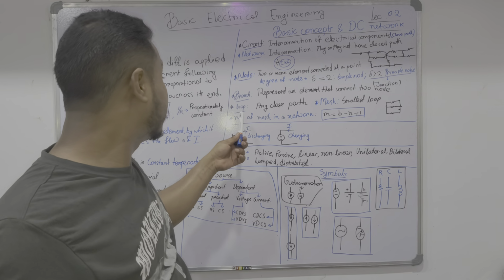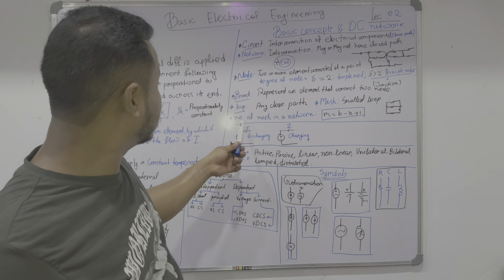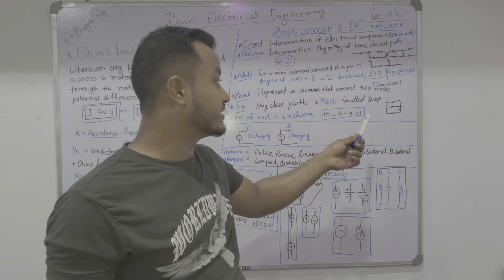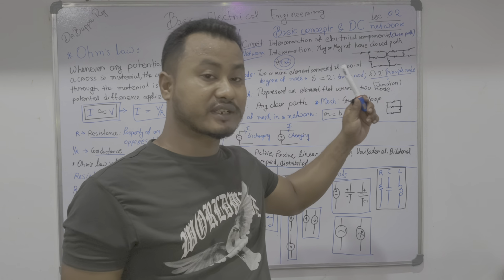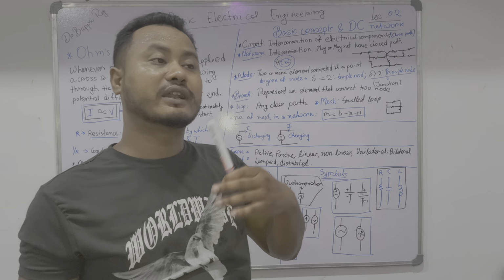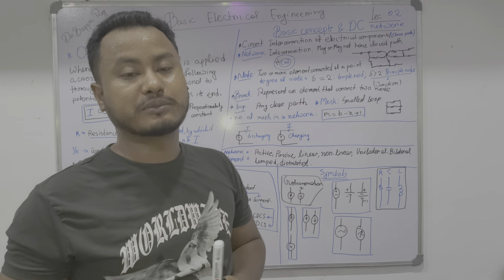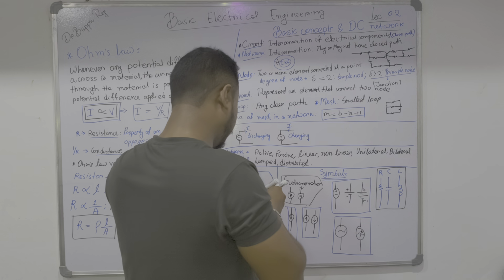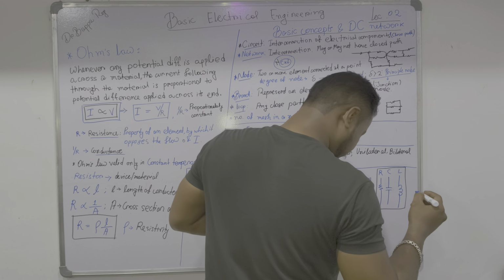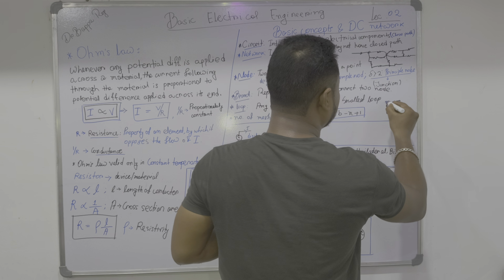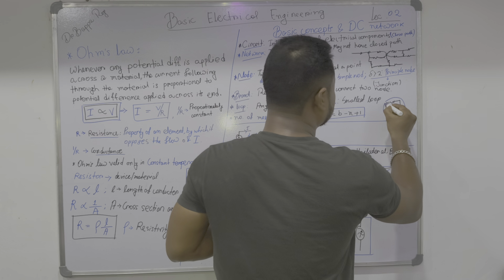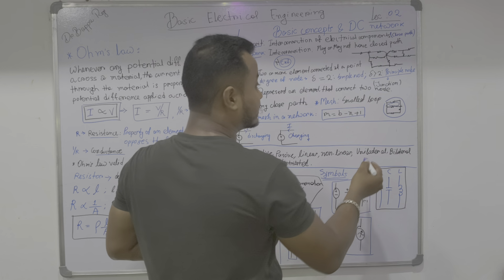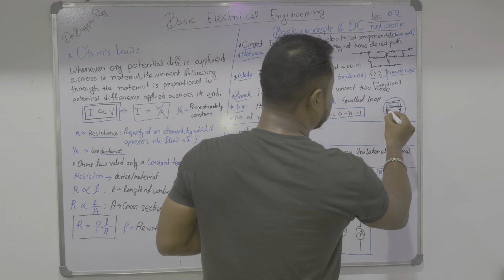And then mesh. Mesh is the smallest loop in a circuit or network under which no more loop can be present. Here, if we start from any point, this is a closed path, this is a closed path, and this one is also a closed path.